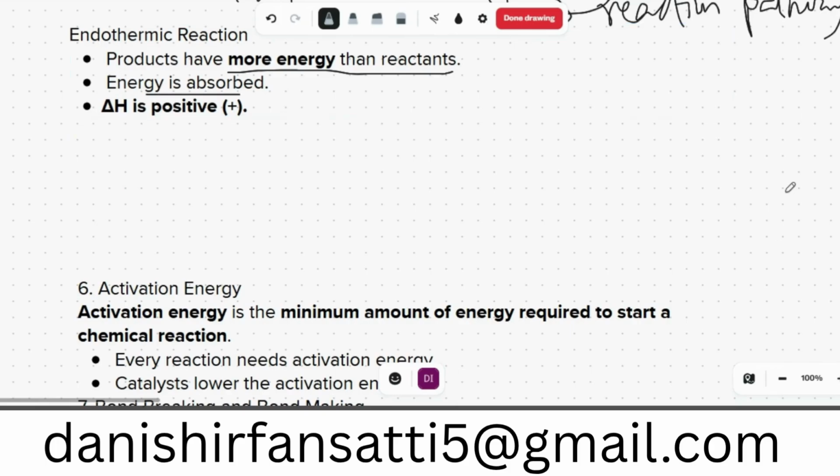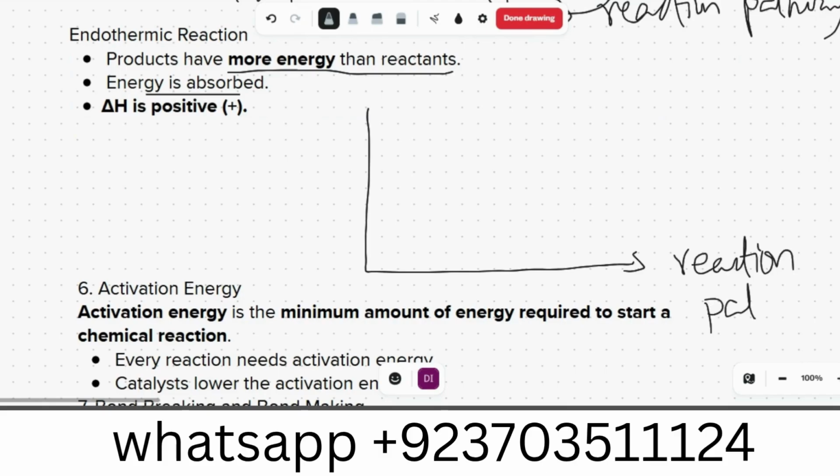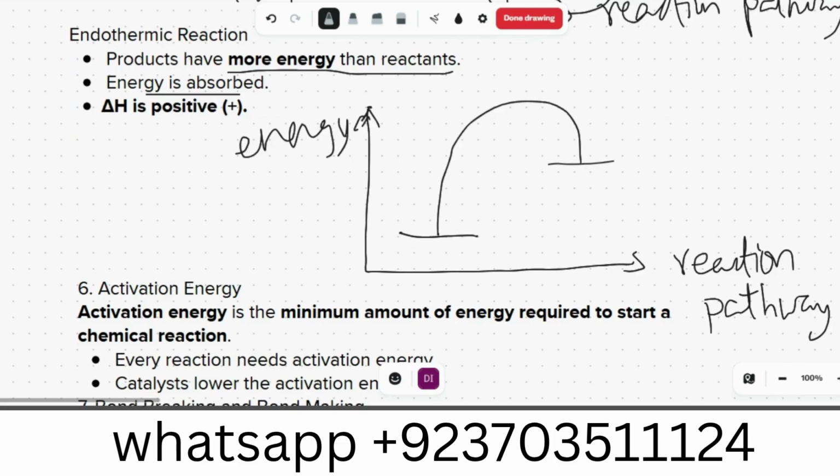Now the endothermic reaction: the product has more energy than the reactant, so energy is absorbed and delta H is positive. Again the same graph, with the reaction pathway and energy on the y-axis. Here the reactant has less energy than the product.